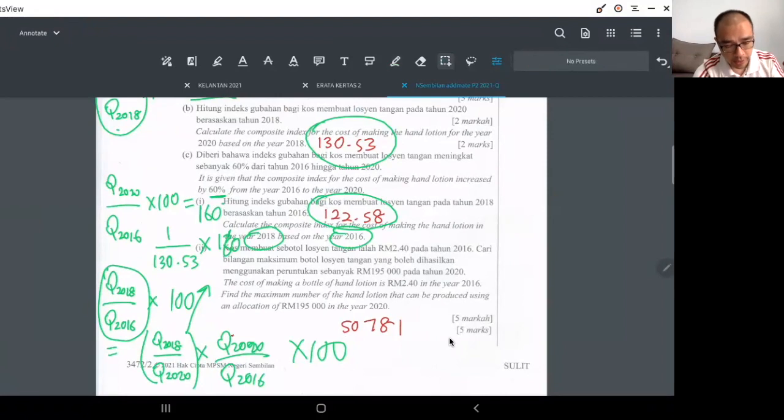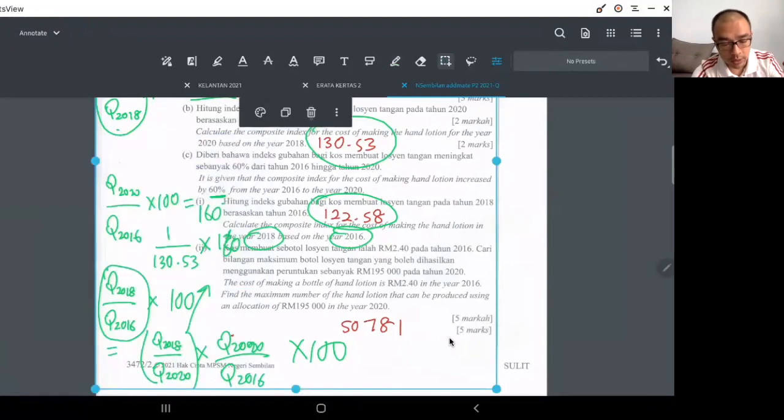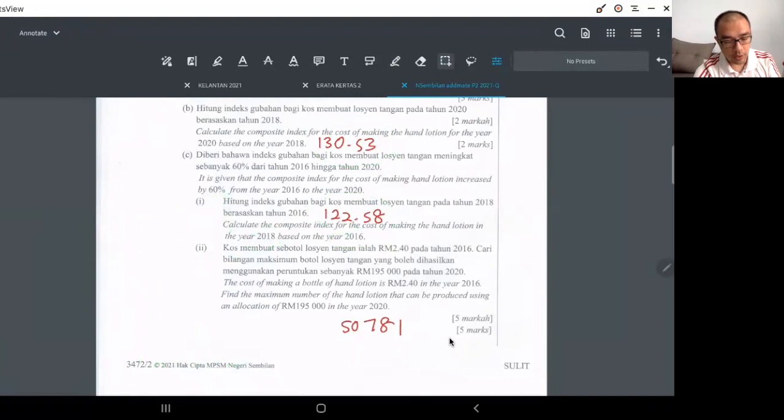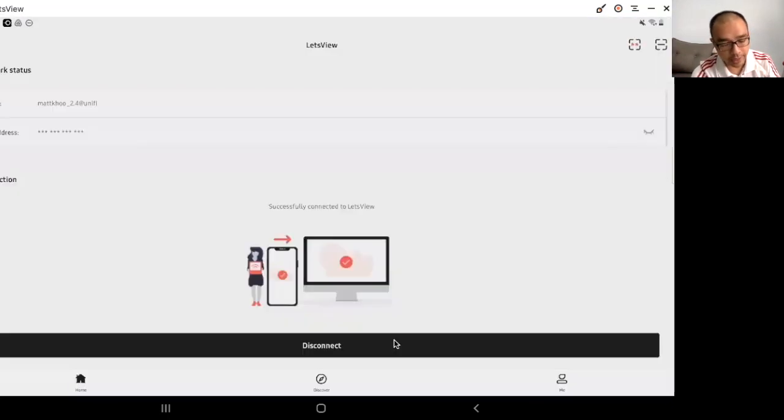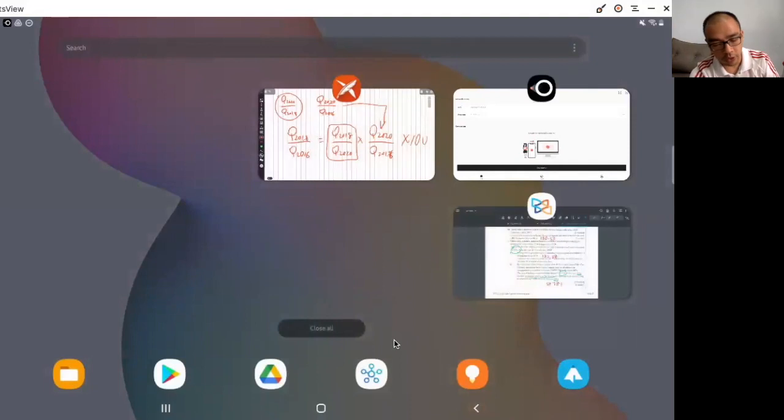Now, once you have done that, then the question 2 is quite simple actually. Okay, the cost of making a bottle of hand lotion is 240 in the year 2016. You want to find 2020. Okay, and they say you want to find the maximum number of hand lotion. So first of all, you have to use the 160 composite index given to you.